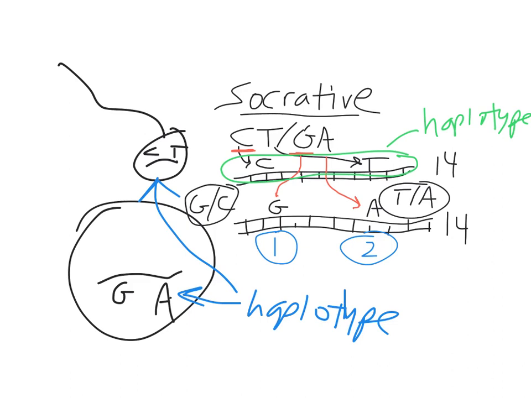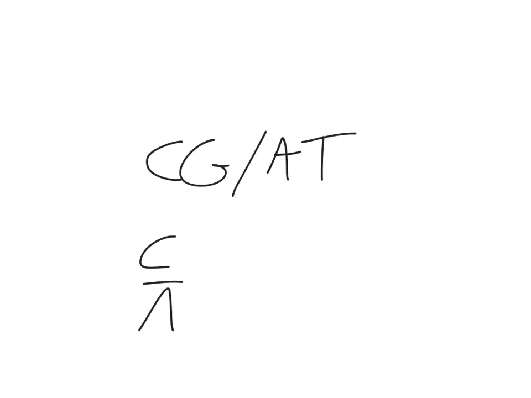The critical thing for this Socrative quiz is to realize this fundamental point in genotyping, that something that looks like that is the same as C/A and G/T. Again, because the nucleotides that are listed first on both sides of the slash are the pair.